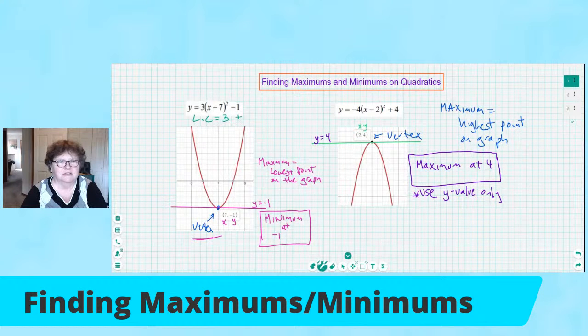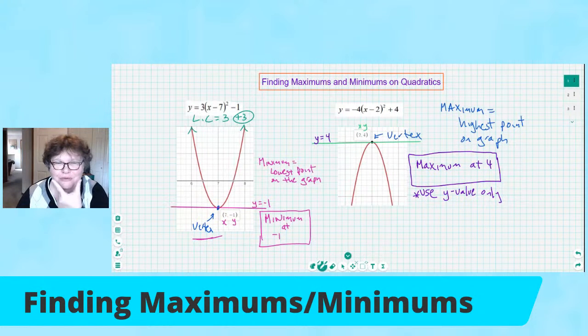And it's +3, correct? If it's positive, it opens up, is how I remember it on a parabola. Parabolas only either open up or they open down. So I think of if it opens up, it's like a smile. If I smiled really big, I'd be forming a parabola. And a smile that opens up is positive. And so whenever you have a positive leading coefficient, it's going to open up.